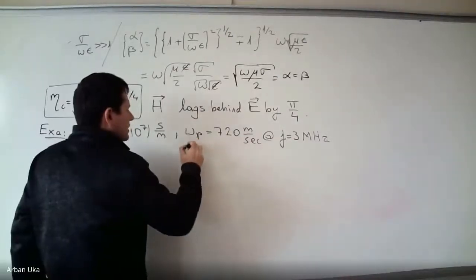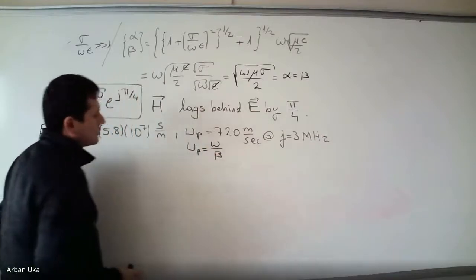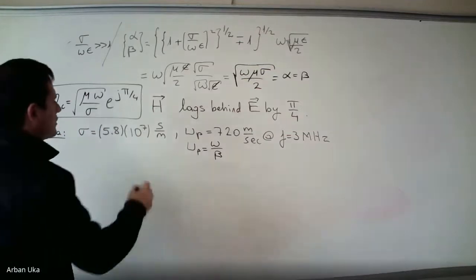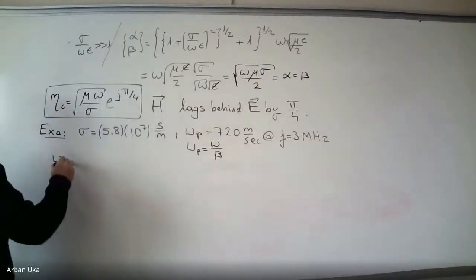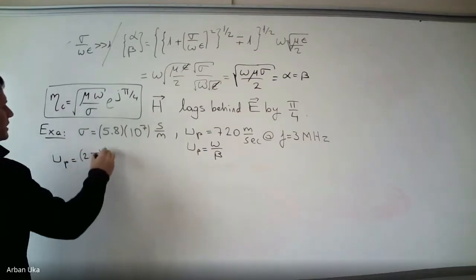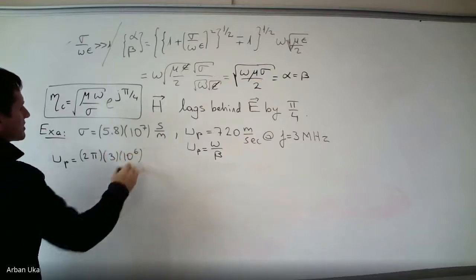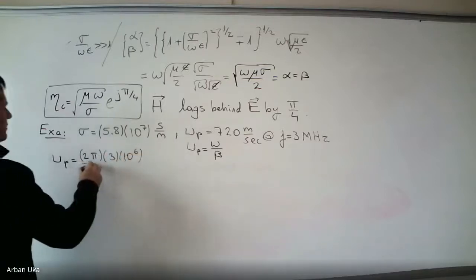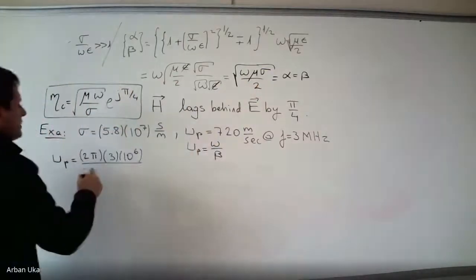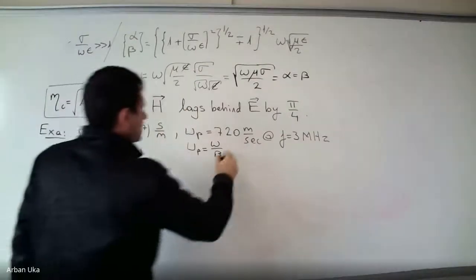Normally this value, u p, is equal to omega divided by beta. So the propagation speed is equal to 2 pi times the frequency, 3 times 10 to the power 6 hertz, divided by beta. Maybe it's best if we substitute beta in here.